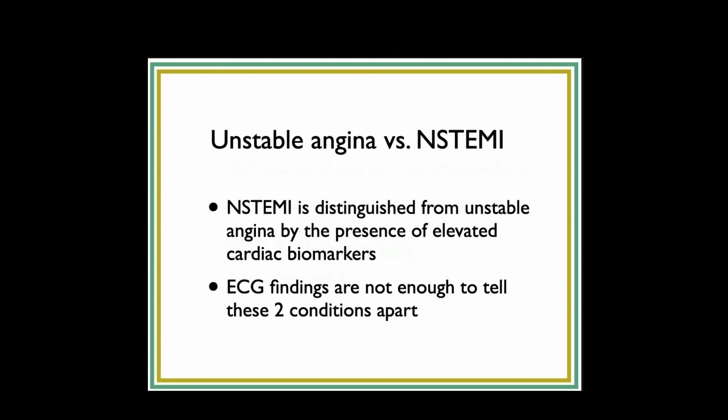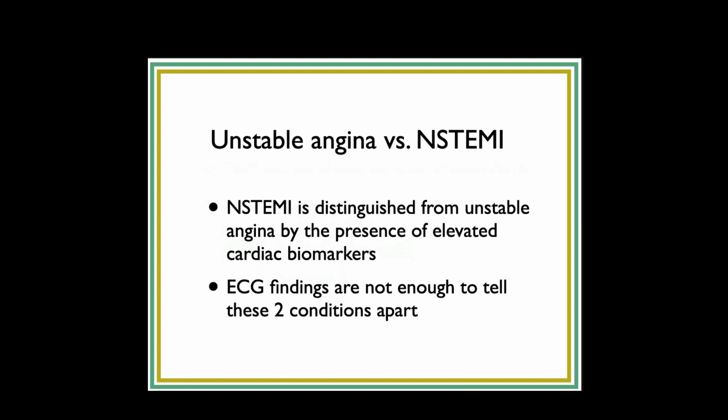So can you figure that out in the field? No, okay? What this means is that ECG findings alone are not enough to tell these two conditions apart. So your ability to predict NSTEMI versus unstable angina in the field doesn't exist, okay?